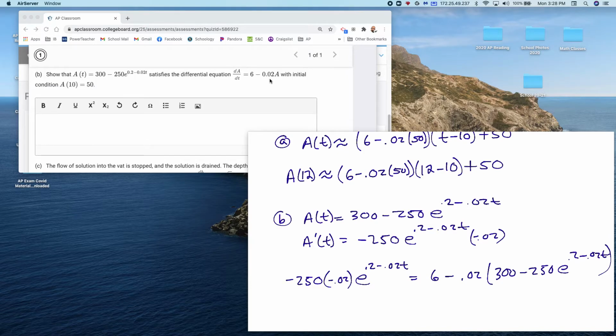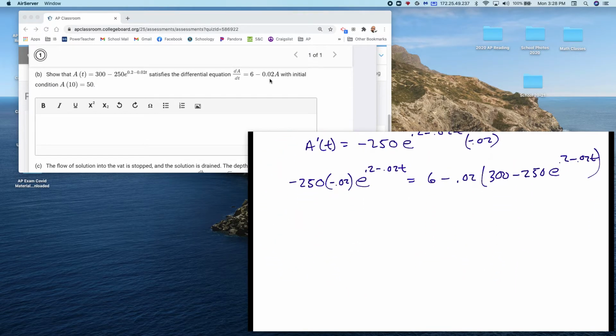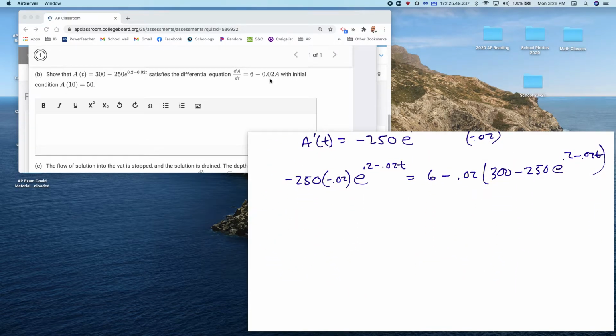Now, that's really close to being an answer. In truth, if you want to verify this, the best thing you can do is write, without simplifying those negatives, negative 0.02 e to the 0.2 minus 0.02 t.